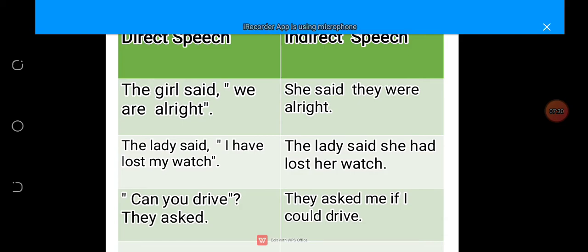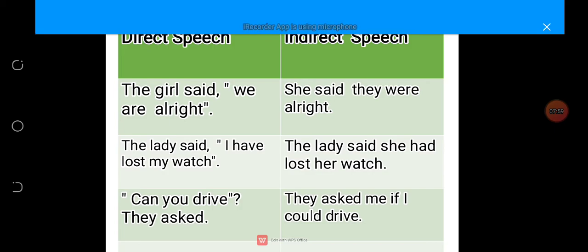So it changes in the indirect speech where we have, "They asked me if I could drive." So we have me there standing in as the pronoun for the pronoun which is not seen in the direct speech. Very good.